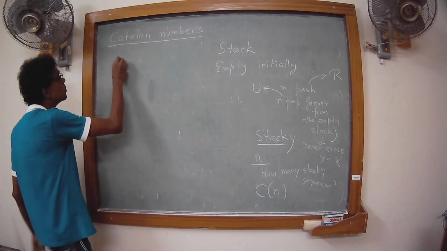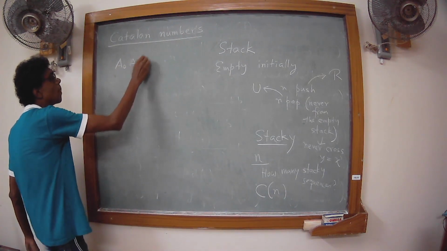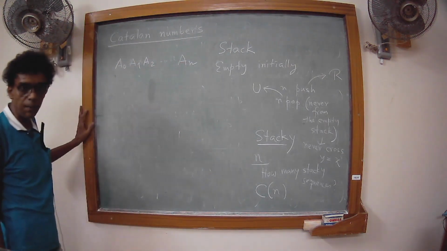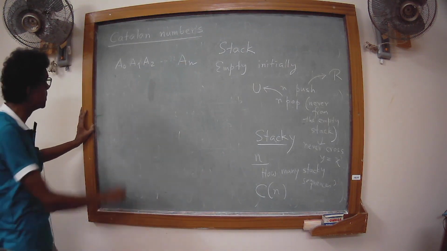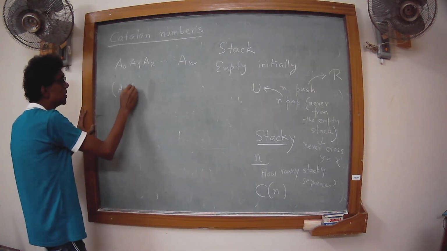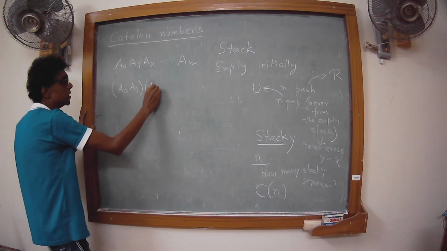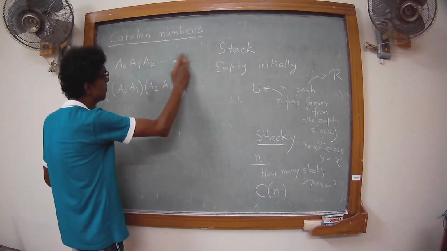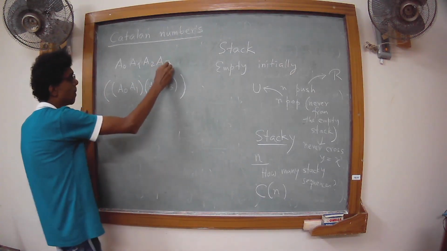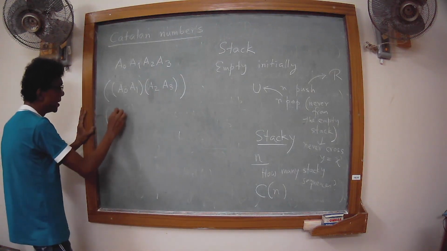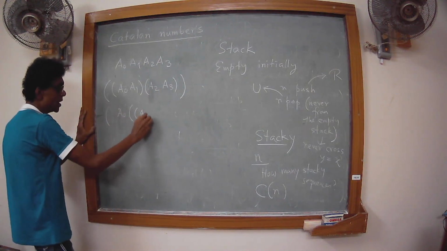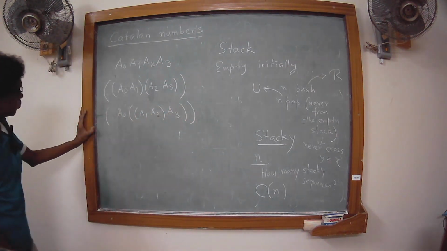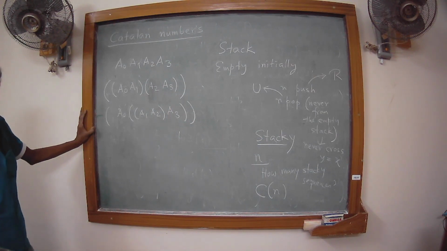Suppose you want to multiply some matrices like this, n plus 1 of them. So there is an order of multiplication. For example, you may first multiply A0 with A1, then A2 with A3, then this product and this product. Another possibility is different groupings of A0, A1, A2, A3, and so on.